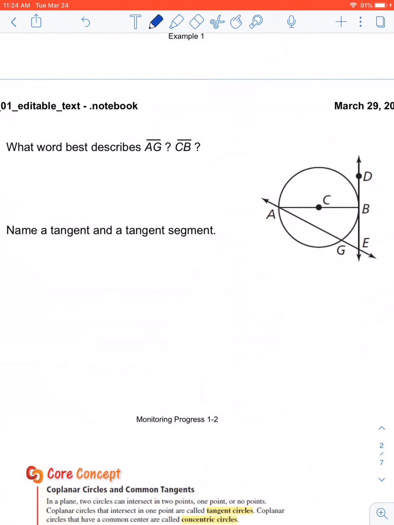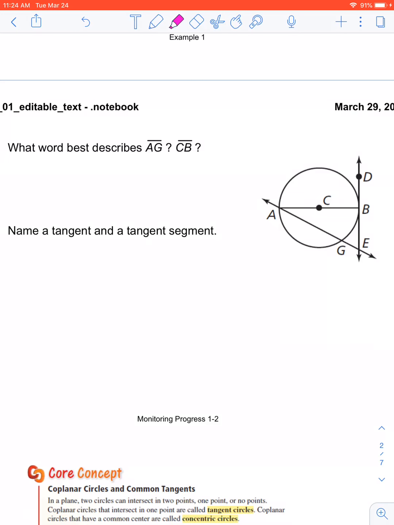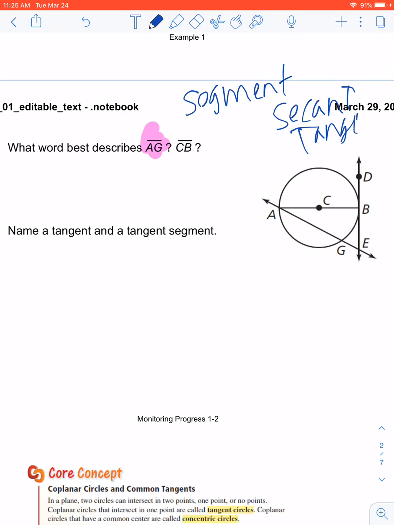So what word best describes AG? Well, let's take a look. If I look at AG, it is asking for, friends, a segment. So that means this cannot be a secant or a tangent if it's asking me to look at the segment.